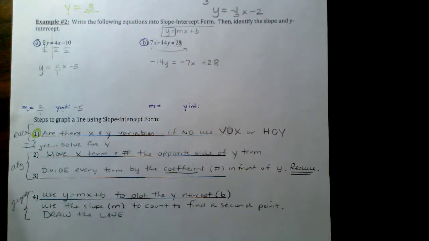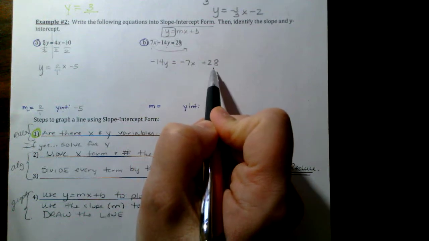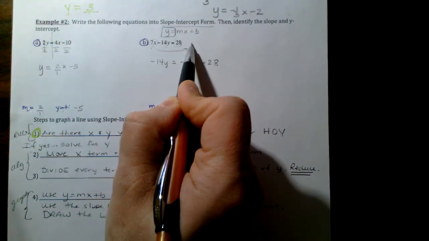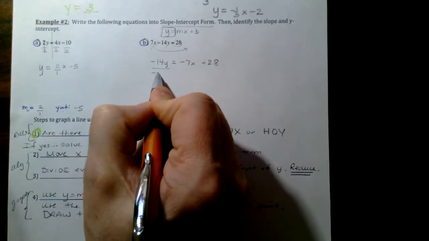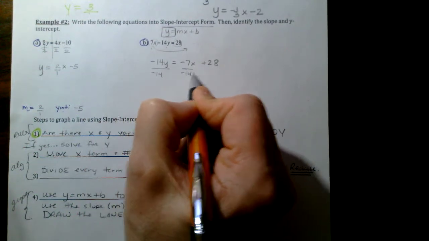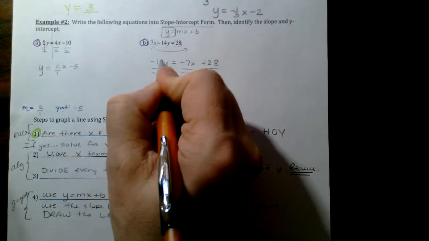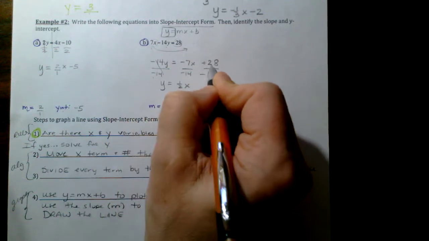Now notice how I kind of switched things up on you. I put the x term first. Why? Just because I think it looks better to be closer to mx plus b. So I moved it to the other side, and instead of putting it at the end, I put it in front. Now I'm going to divide everybody by negative 14, the number in front of y. y is equal to 1/2 x.